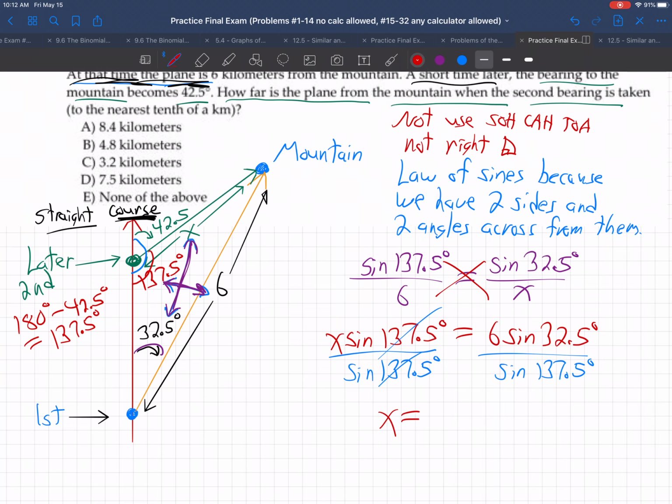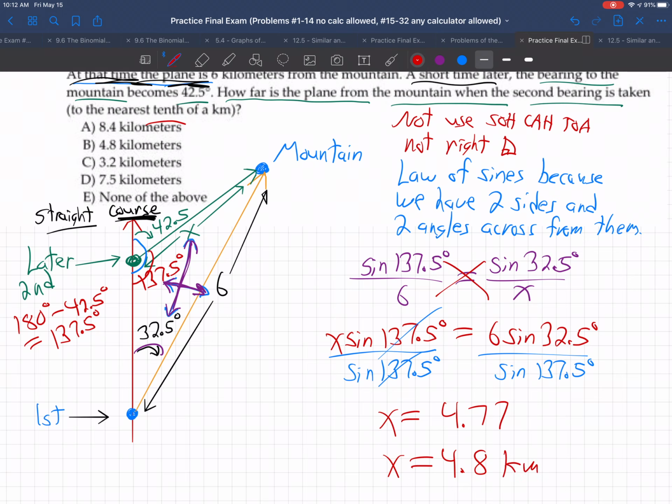Hit the buttons on the calculator. I'm getting 4.77. Looks like they round to the nearest tenth. So 4.8, and that's kilometers.